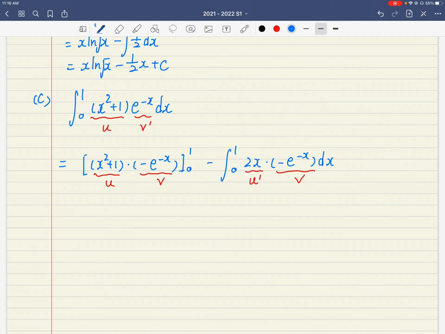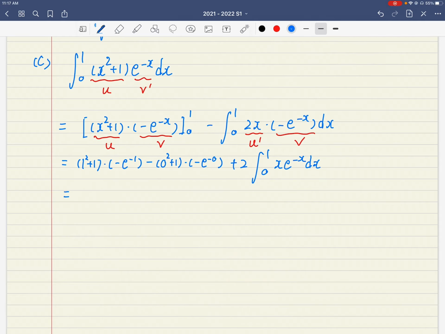Let's first finish the calculation of this part. When x is 1, here is 1 squared plus 1 times negative e to the power of negative 1, minus 0 squared plus 1 times negative e to the power of negative 0, and here it is plus 2 times the integral from 0 to 1 of x times e to the power of negative x dx.